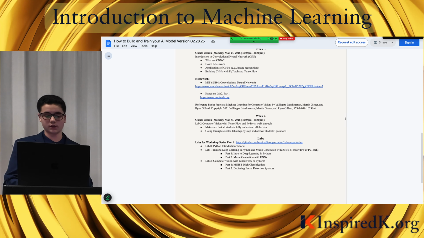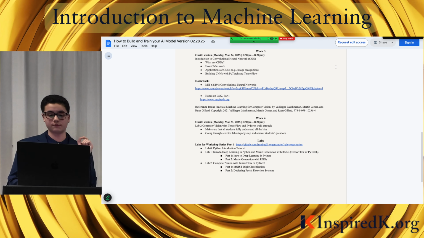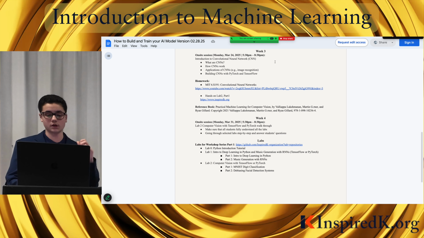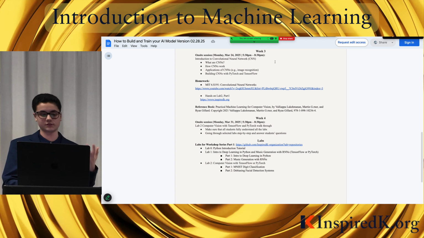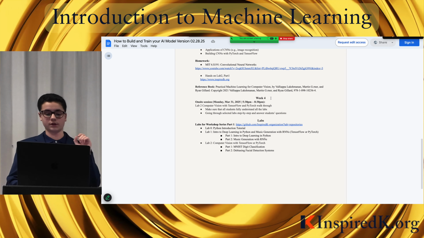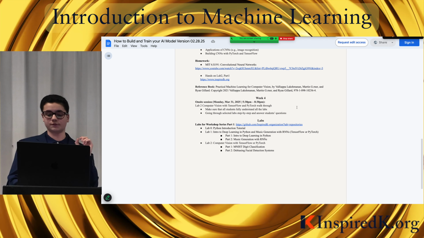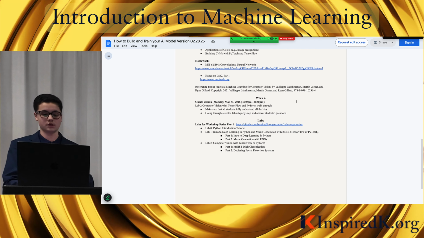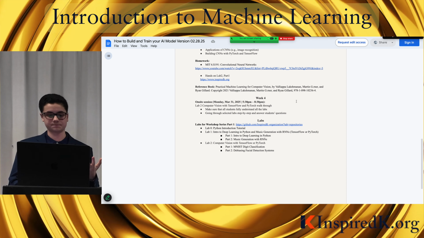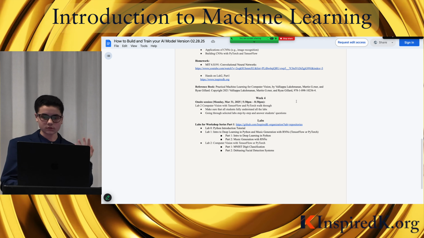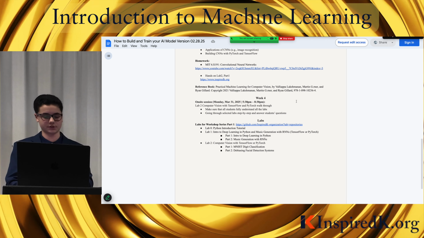Then in week 3, it's going to be on March 24th, a Monday, from 5:30 p.m. to 8:30 p.m., and we'll be covering convolutional neural networks, another type of deep learning used for image processing. Then in week 4, on March 31st, also another Monday, from 5:30 to 8:30, we are going to be walking through some of the labs that we're going to be using in previous sessions, so we can have a more interactive learning experience.